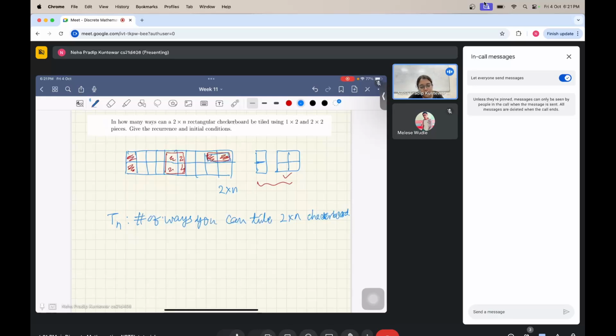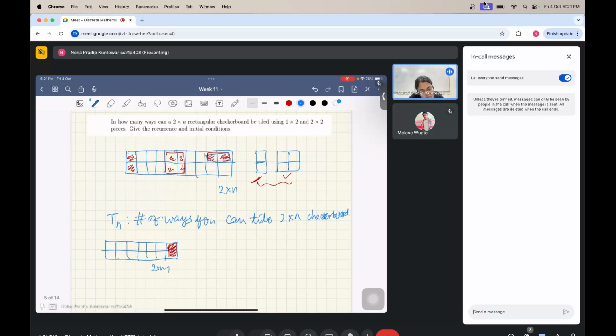Okay, so what we can do is, if you want to tile this entire checkerboard, you can tile this last column using this tile, and then your task reduces to tiling the rest of the 2 cross n minus 1 checkerboard. So this is a 2 cross n minus 1 checkerboard.